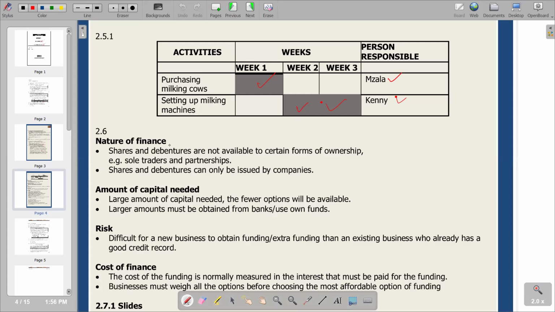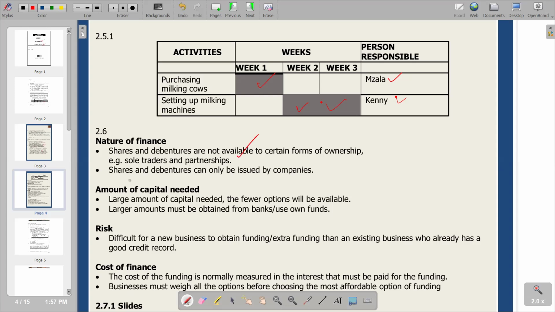Shares are only issued in a company, so this only applies within the context of a company. This is the explanation we have for nature of finance: some sources of funding only apply to certain types of businesses, and shares and debentures only apply to companies.